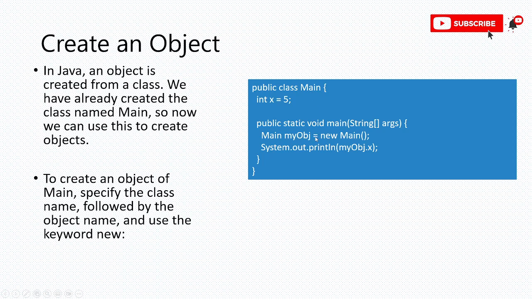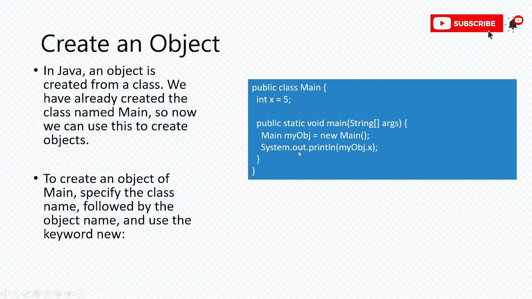And once you call this object, you need to use the new operator and the name of the class. This is what is called instantiation of the main class, with the name of my object, and then a semicolon. So this is the format on how to instantiate a class.